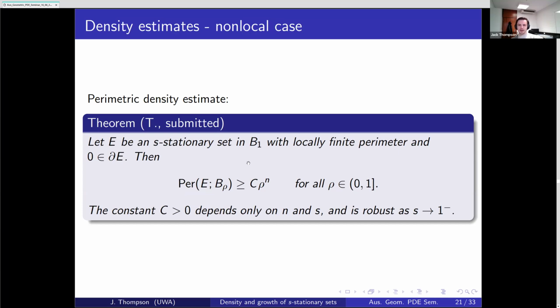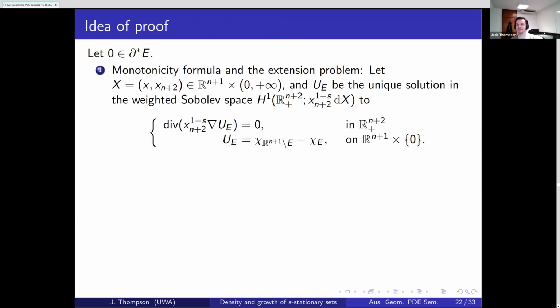So what's the idea of the proof? Well, it takes inspiration from the local case. So the idea is to use the monotonicity formula. Now, the thing is in the non-local case, the monotonicity formula is technically more involved, maybe.